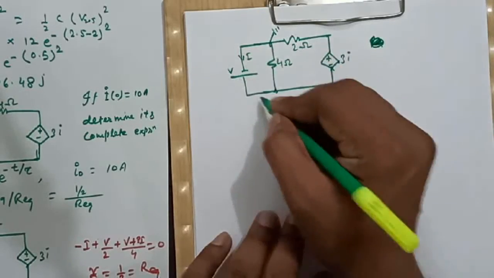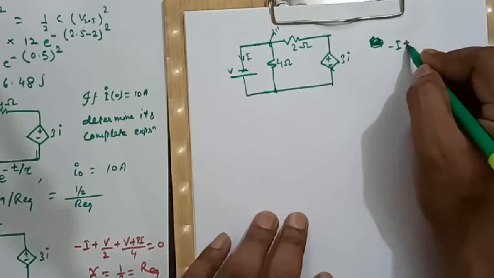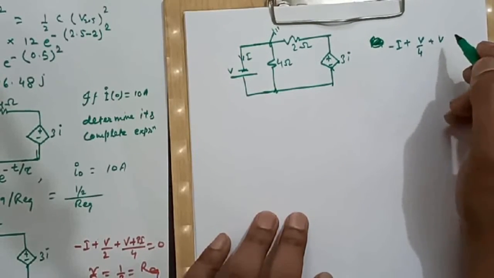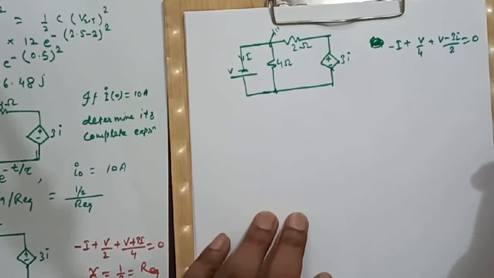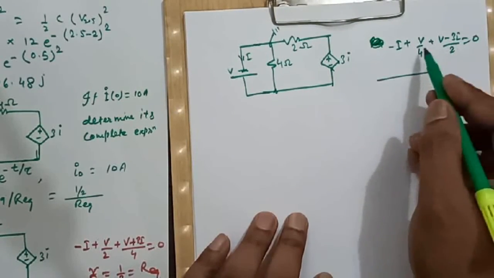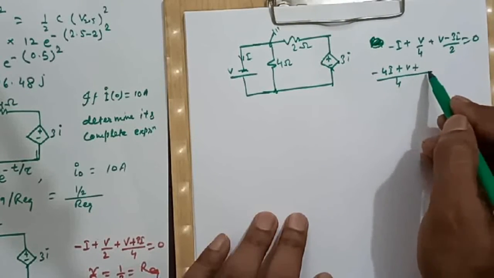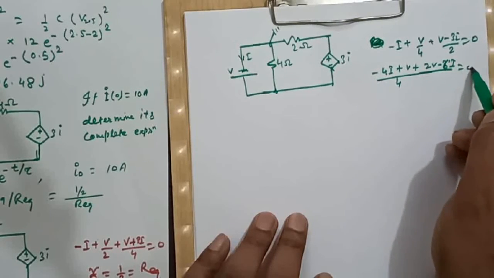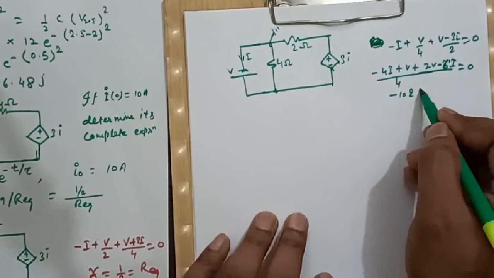So applying nodal analysis, it will become minus I plus V by 4 plus V minus 3I by 2 is equal to 0. Now this will become minus 4I plus V plus 2V minus 6I is equal to 0.